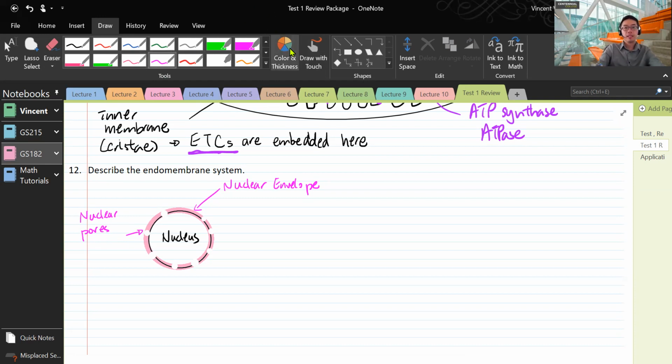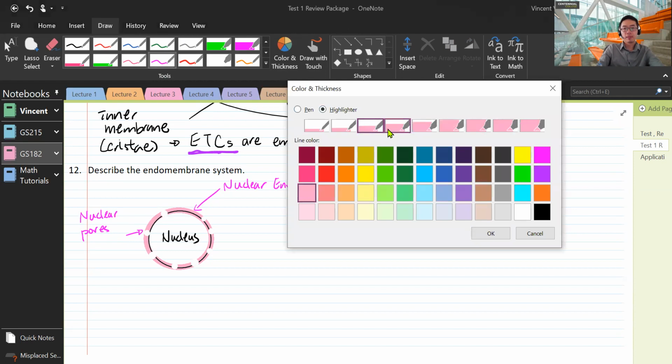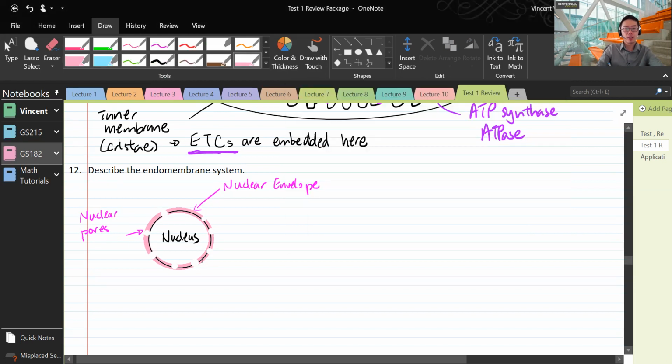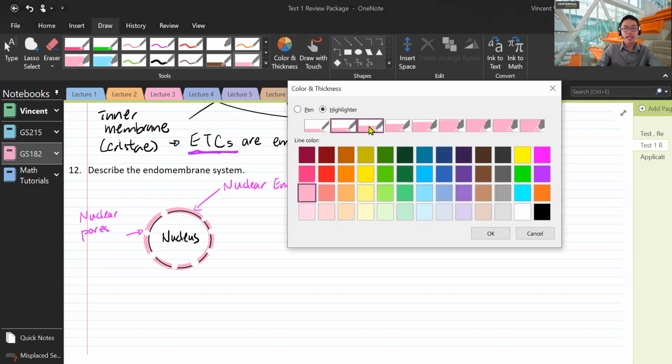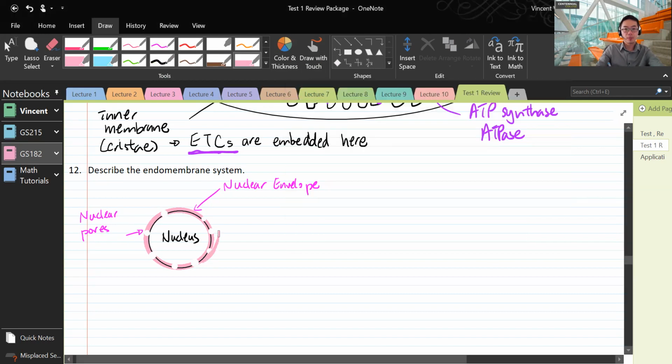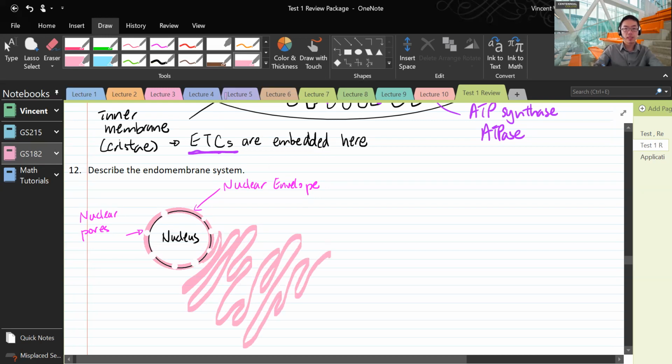Now, this membrane, this nuclear envelope, is actually going to extend into the cytoplasm. It's going to form these channels. Some of these channels are going to have ribosomes on them, which is what we call the rough ER, and then some will not.